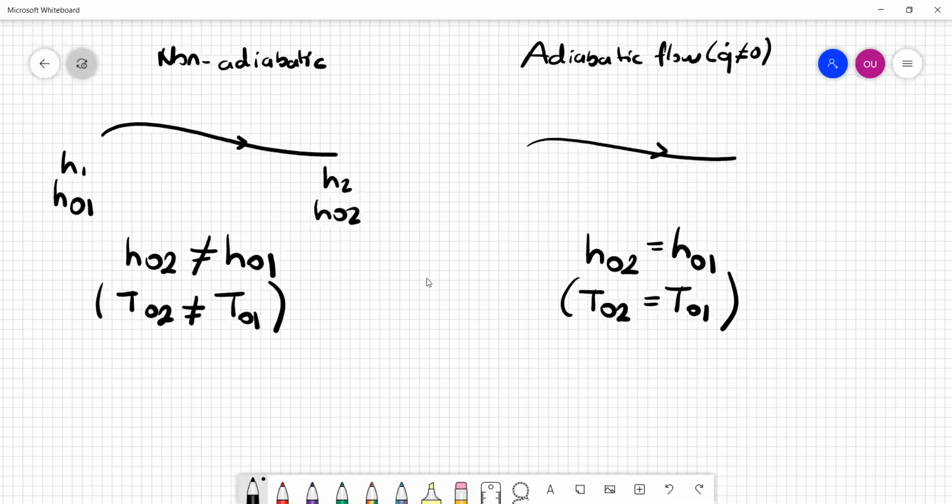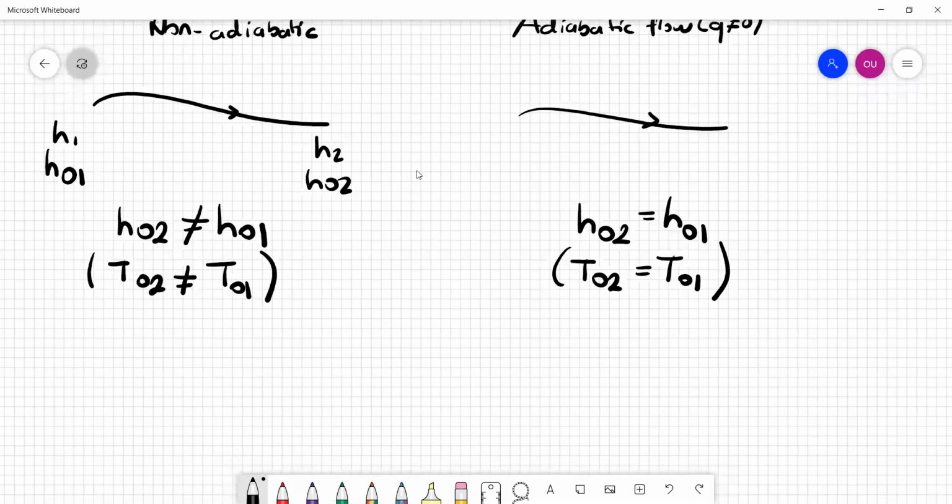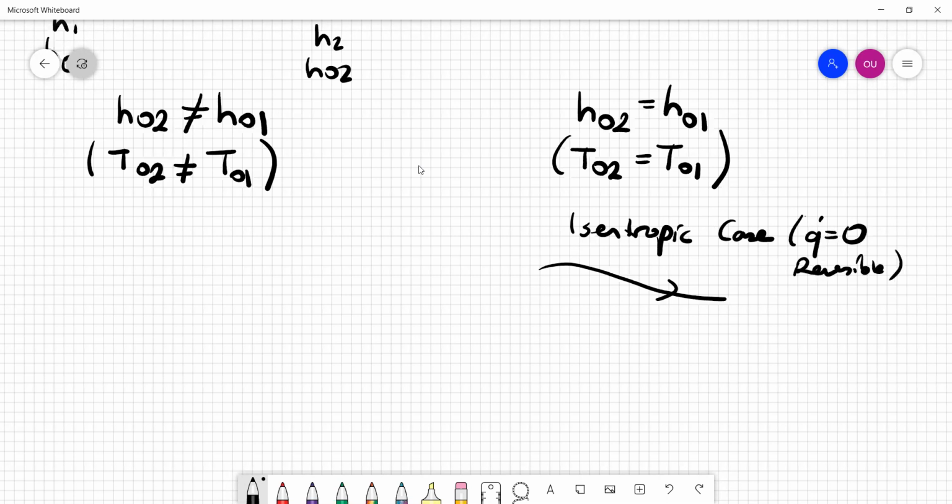So let me write this down. But last week, in the final minutes, we also said, why don't we go one further step: if it's adiabatic, what if it's also reversible? So we considered flow for an isentropic case and a non-isentropic case. For the isentropic case, not only is heat flux zero, it's also reversible, meaning we ignore all the losses. So in this case, not only does total temperature not change, total pressure also does not change.